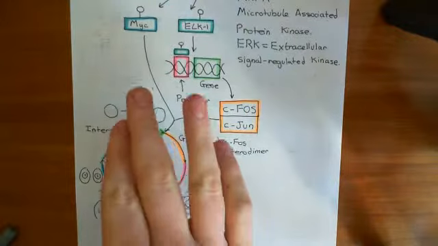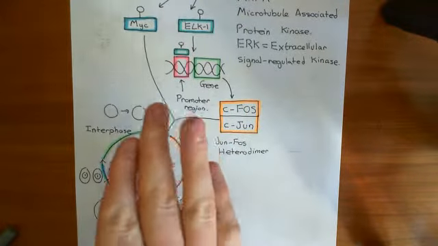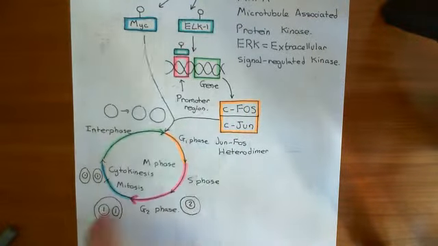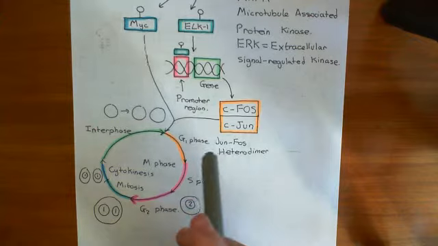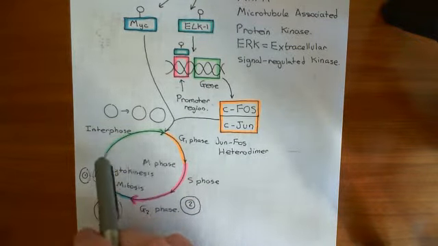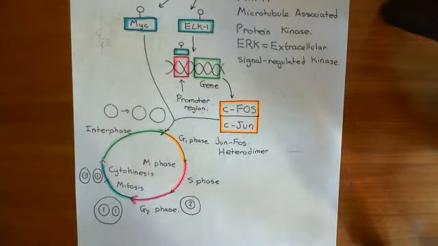Downstream of that, when KRAS is in its on state bound to GTP, it causes the increased activity of MYC and C-Fos-C-Jun heterodimers, which trigger a cell to move from interphase into G1 phase and begin the process of division.